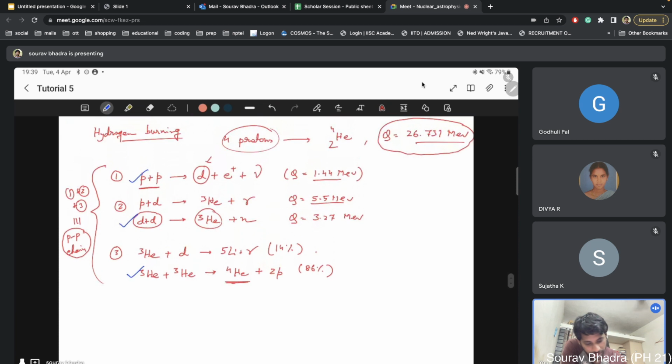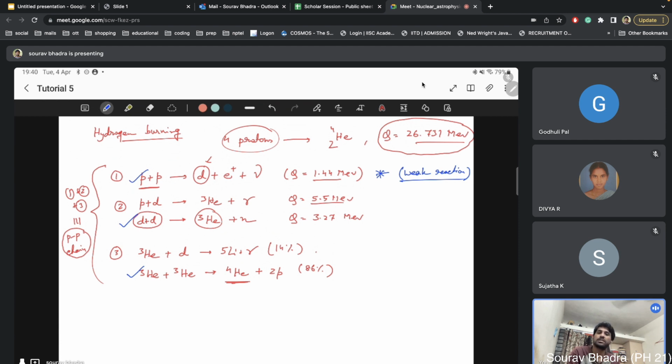This first step is the main part of hydrogen burning, because it takes a lot of time. It is a weak reaction, and weak reactions generally occur over a very long time. So the main time of the hydrogen burning phase comes from the proton reaction, because it is a weak reaction.